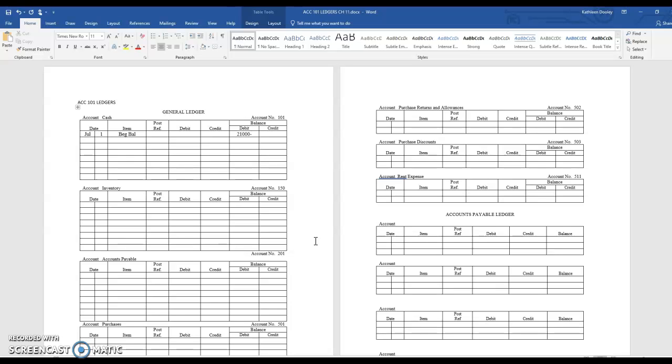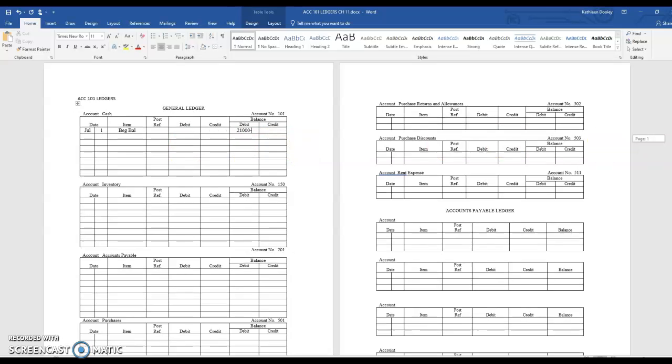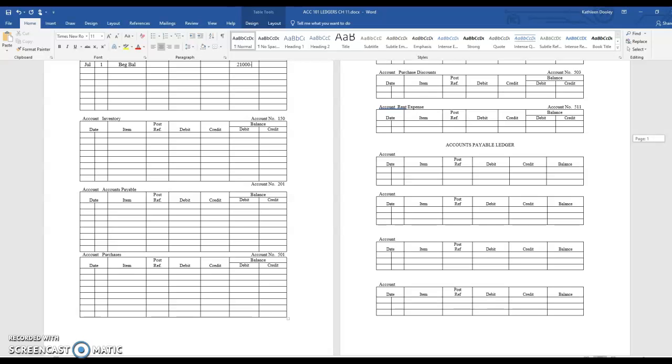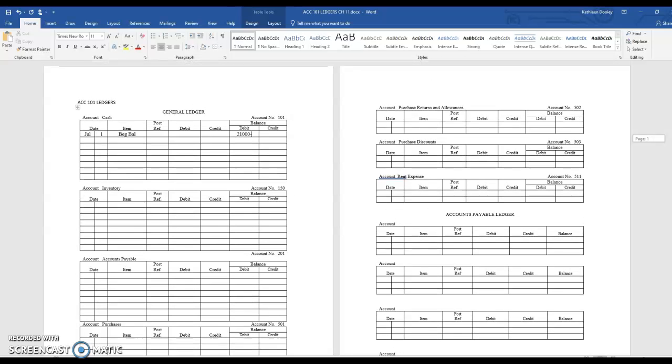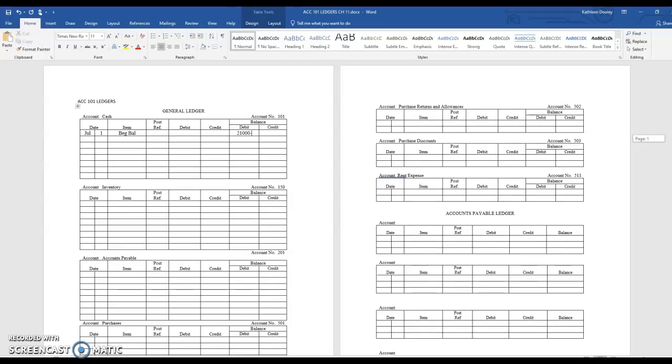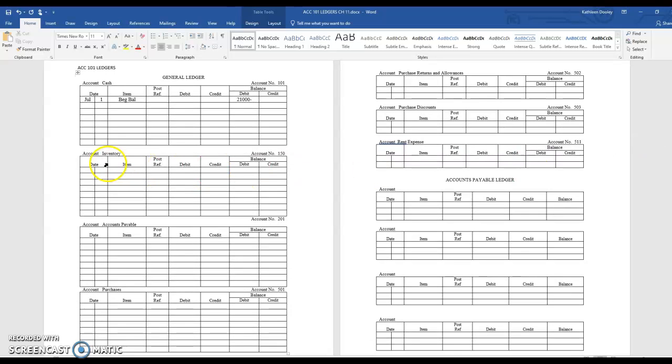Okay, so now we know, of course, this is not a complete general ledger. We've got the cash account, and we have inventory. Those are both assets. We have accounts payable, which is a liability. We have purchases, which is an expense.